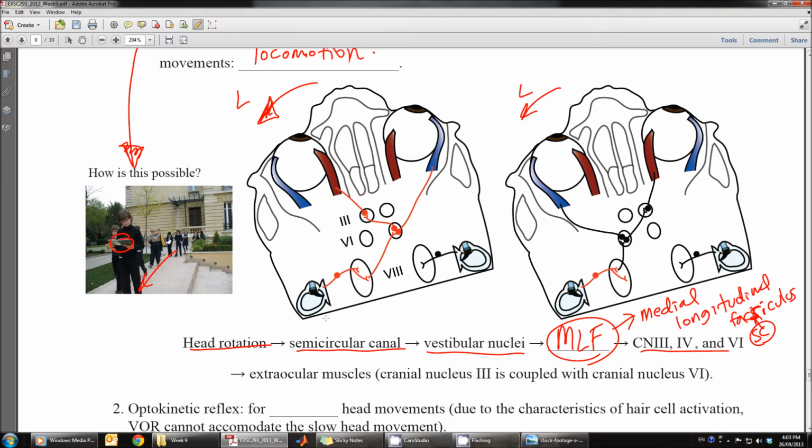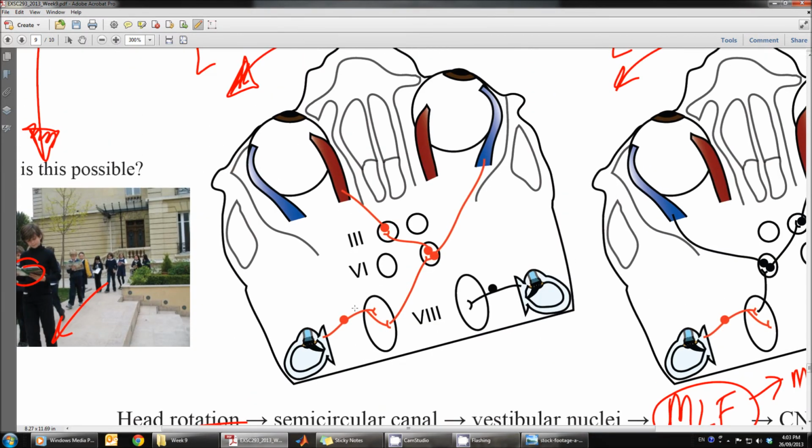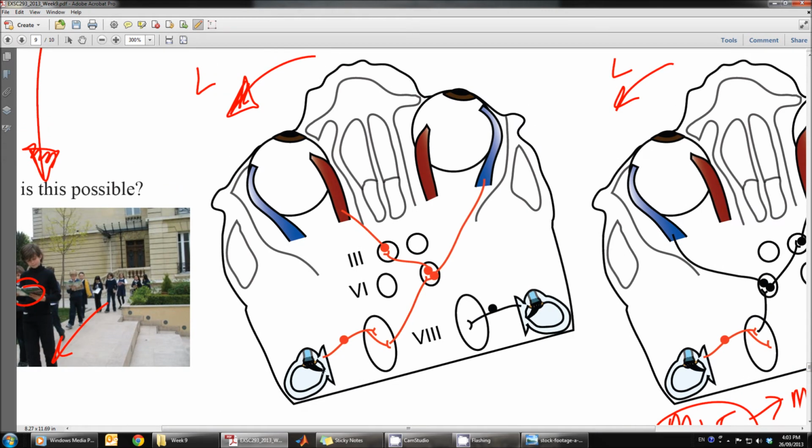The pathway of the vestibuloocular reflex is simplified in the following diagram here. The left head movement will stimulate the horizontal canal on the left side, so it will generate the action potential, and that goes to the vestibular nuclei. So the vestibular nucleus is shown there.